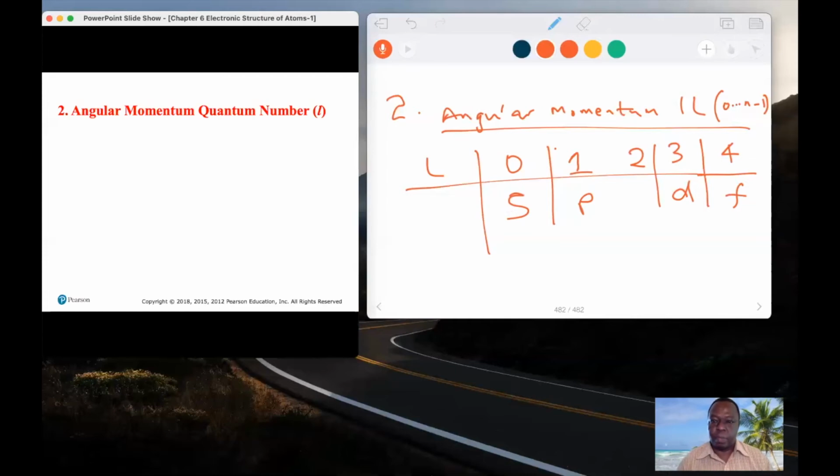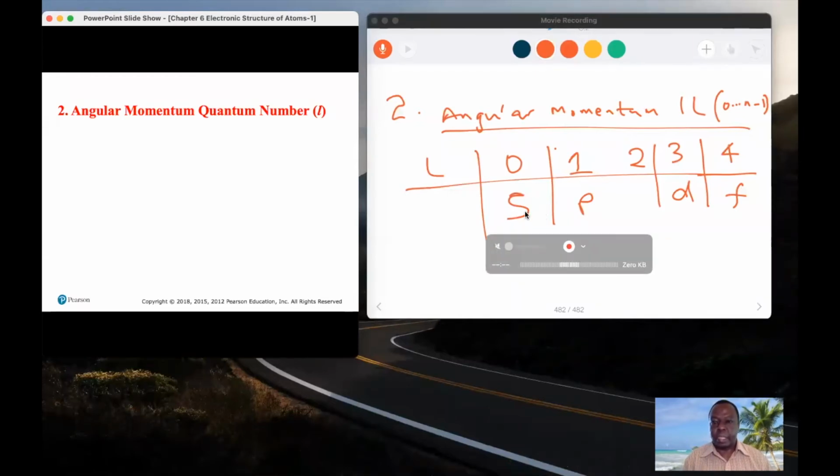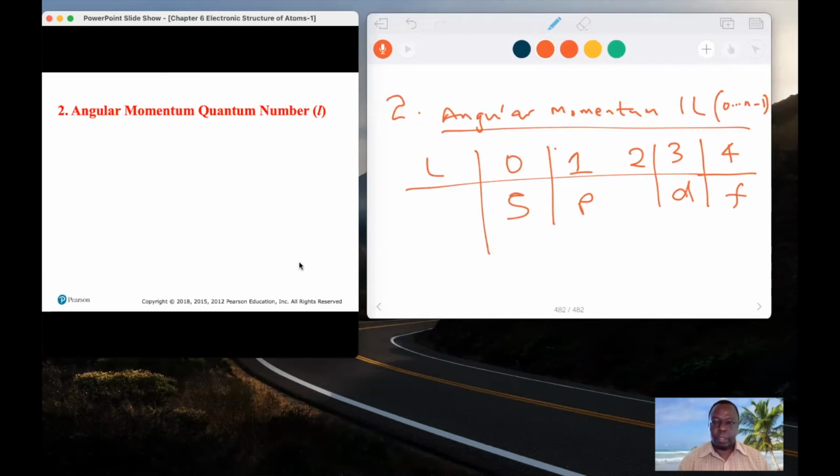We call them sublevels. s, p, d, f. They coin these letters from sharp, principal, diffuse, fundamental, based on the line spectra from what we took up earlier on. So it takes values from 0 all the way to n minus 1.